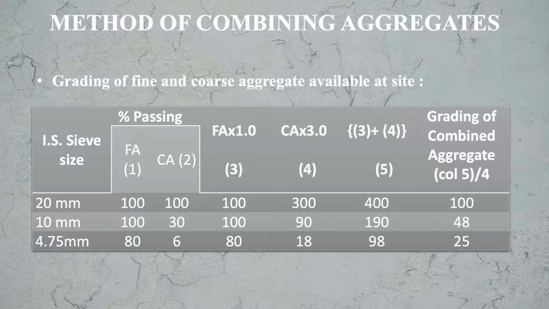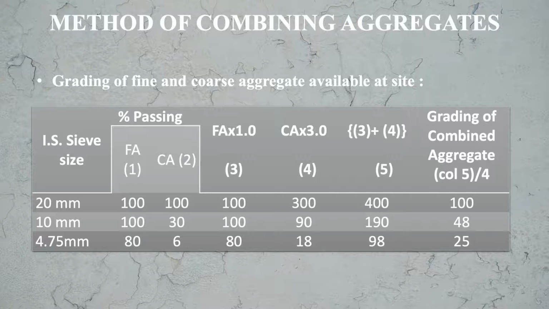Then fifth column gives you the sum of column 3 and column 4. And the last column is the grading of combined aggregate, which is obtained by dividing the value of column 5 by 4. So if the sieve size is 20 mm and percentage passing of fine aggregate and coarse aggregate is 100, then after multiplying these coefficients, column 3 value is 100, column 4 value is 300 because 100 into 3 is 300.